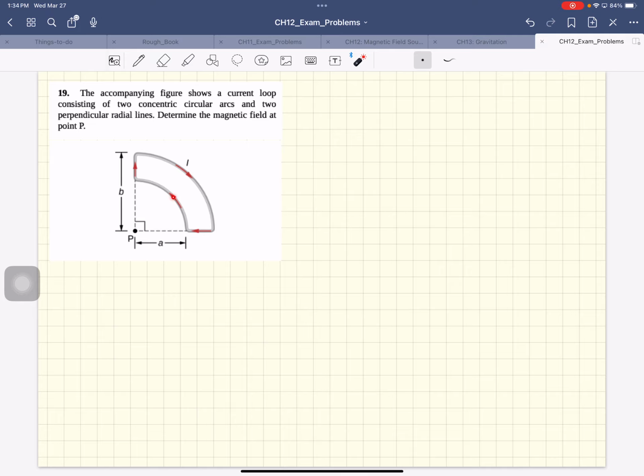So this little guy will produce a magnetic field coming out of the sheet. This little guy will produce a magnetic field into the sheet, except that this guy is weaker than that. So there will be a net field coming out. Do you guys understand that?